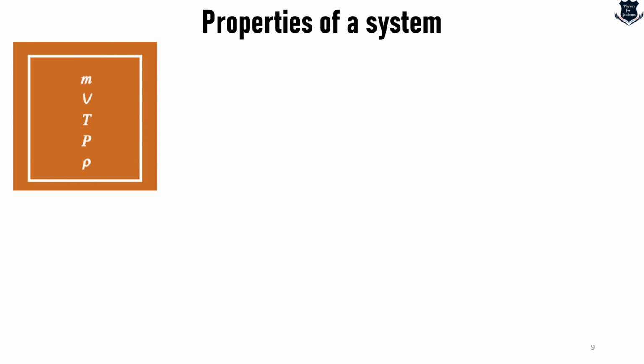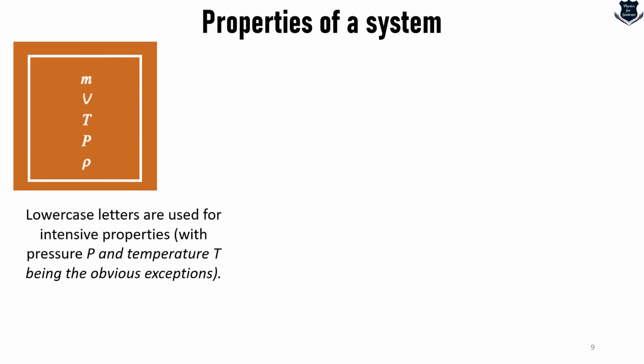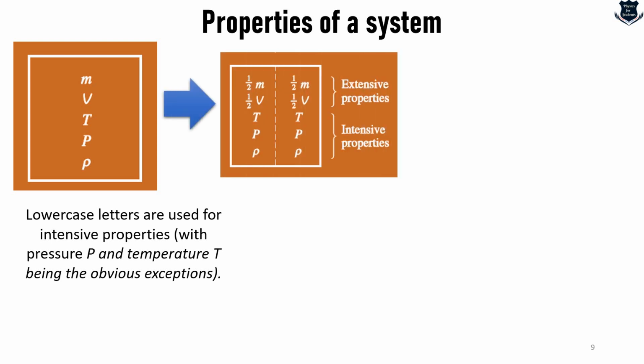So an easy way to determine whether the property is intensive or extensive is basically to divide the system into two equal parts with an imaginary partition, as shown in this figure. Each part will have the same value of intensive properties as the original system, but half the value of the extensive properties. Right?